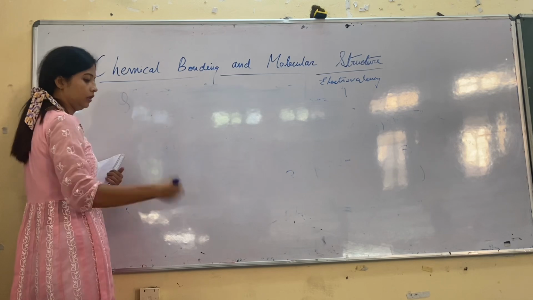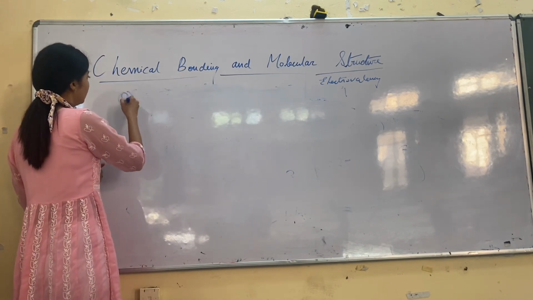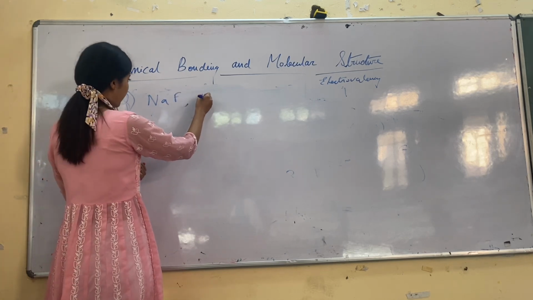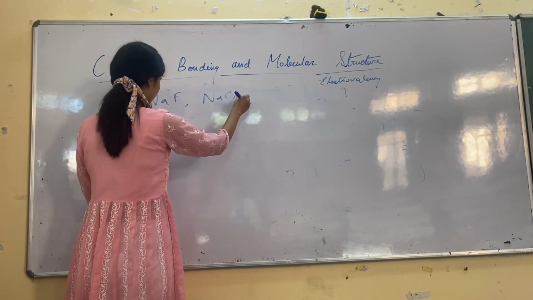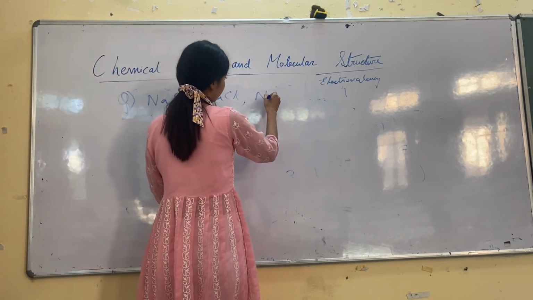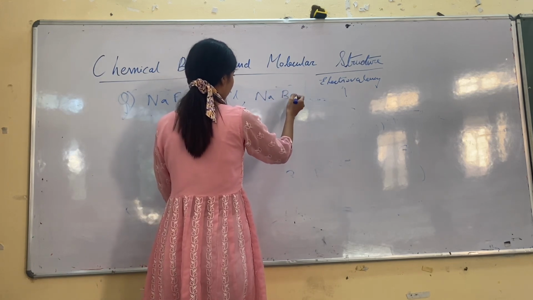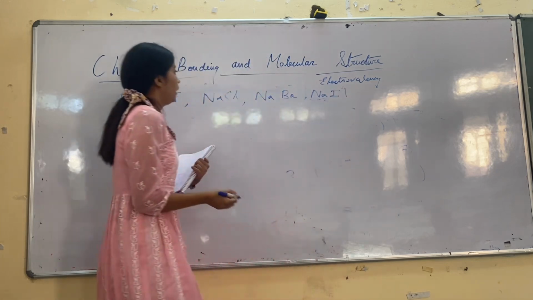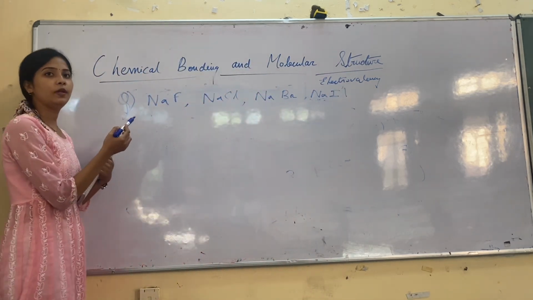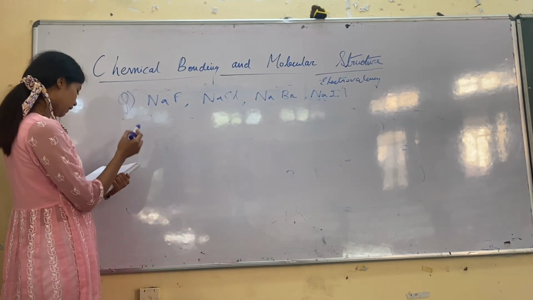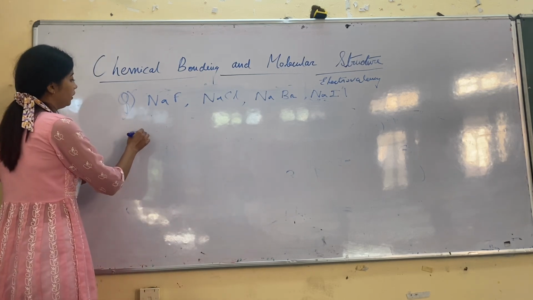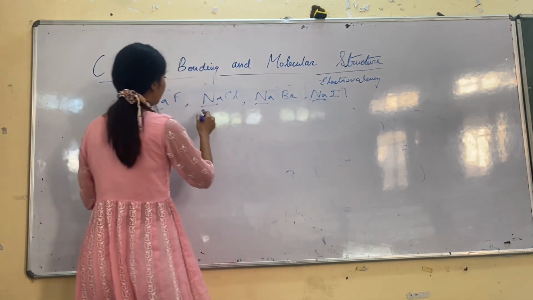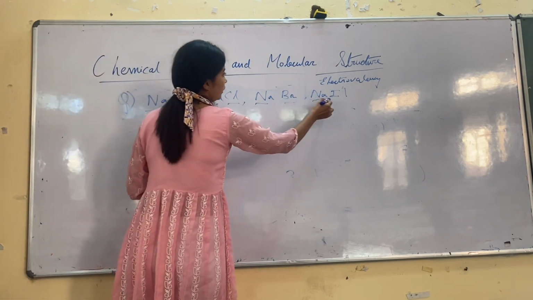Let us consider a question. NaF, NaCl, NaBr and NaI. In this, which is the more ionic compound? So how do we derive this? Here the metallic component is the same, but the non-metal is different.